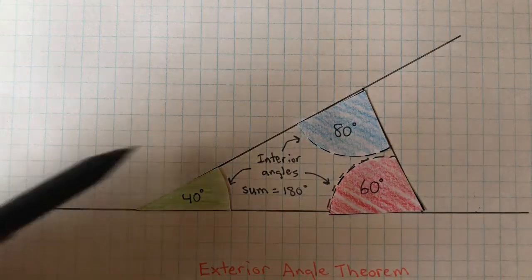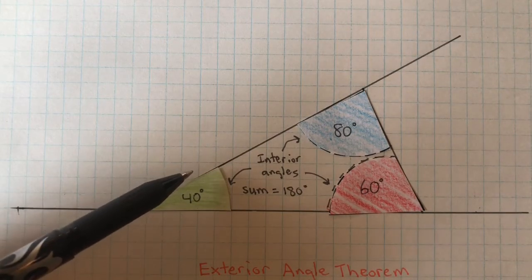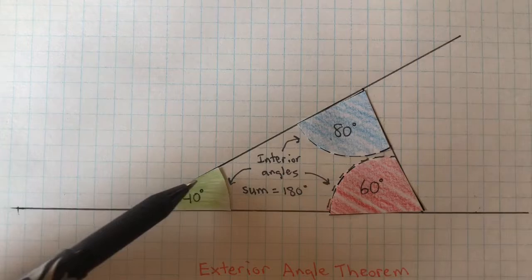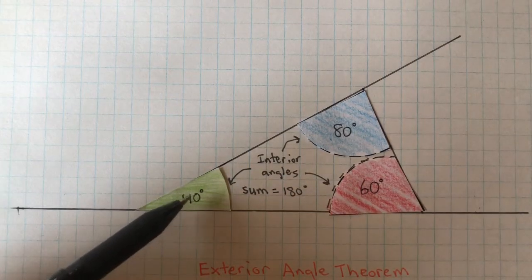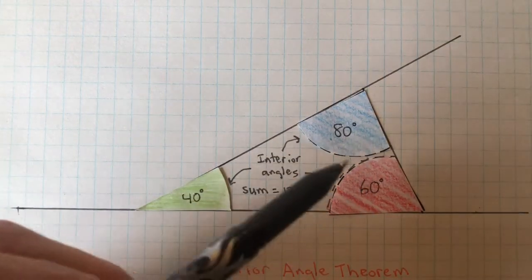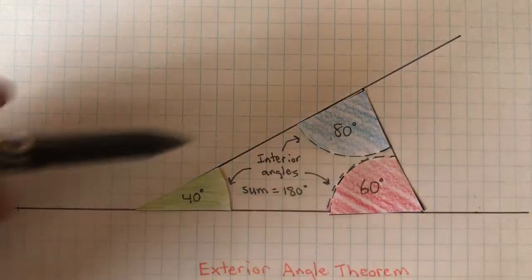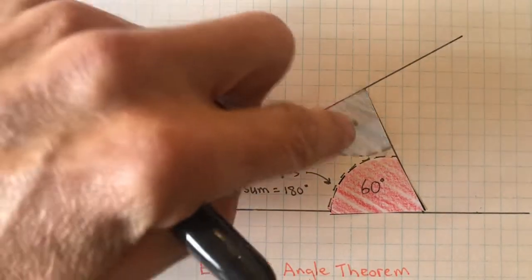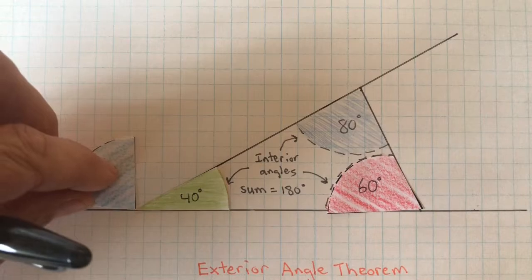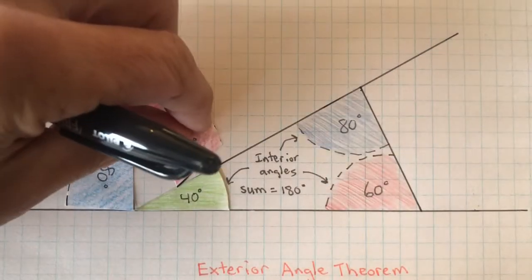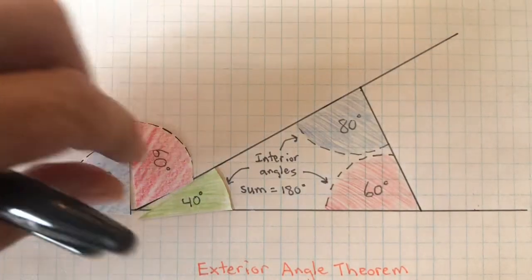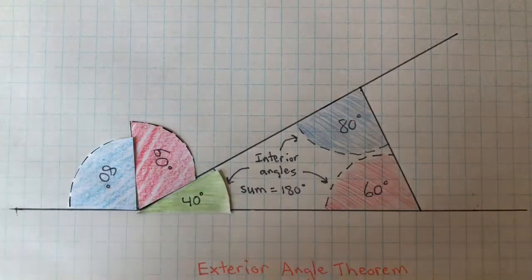So here's our exterior angle, and we want the two angles that are the furthest from it, not the one next to it, adjacent, but the ones that are far away. So the sum of the two remote interior angles will equal that exterior angle.